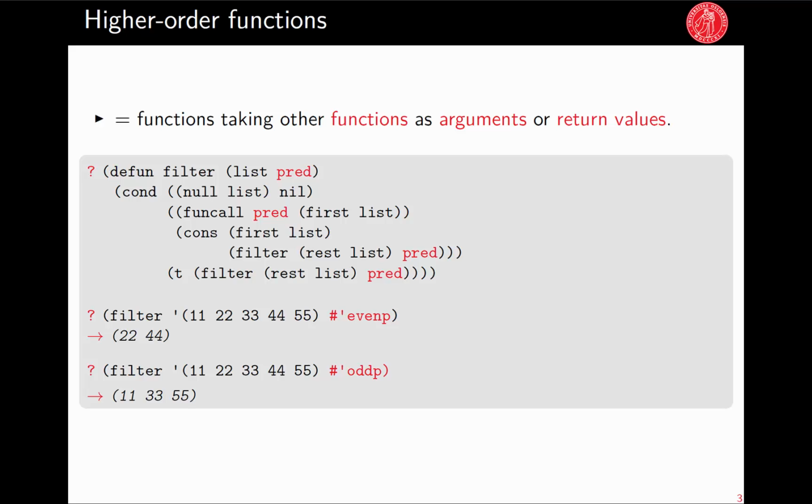So there is actually a built-in function to do the same called remove, or remove-if, more precisely. But this is just to illustrate how we can define our own higher order functions, how we can use funcall to actually apply a given function within the function body.